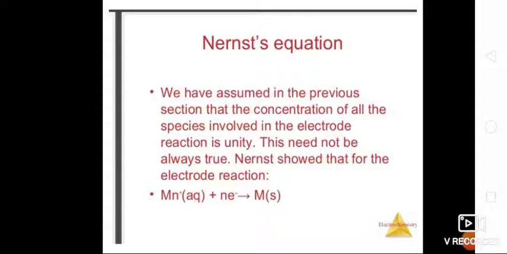Or we can also say the transfer of electrons is by electronic charge, and its value is 1.6 × 10^-19 coulomb. And M(s) means the metal which occurs in solid form.